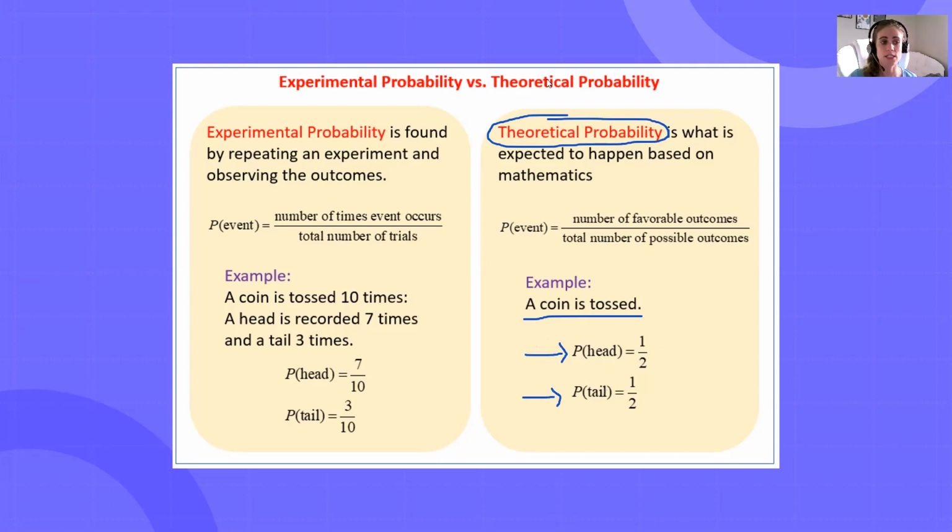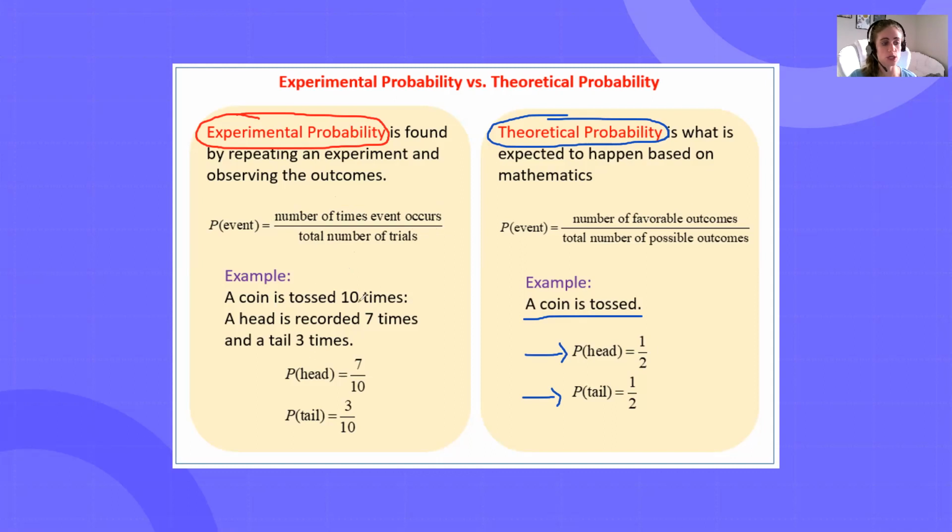Now, experimental probability, that's over on the left here, is found by actually doing the experiment and observing your outcomes. So with experimental probability, you actually experiment, you actually do it. Because you are recording data, you're performing an experiment, your probability statement is set up by the number of times the event occurs divided by the total number of trials.